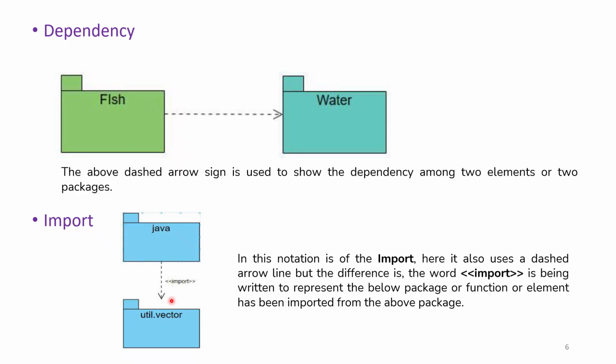On the dashed arrow, we have to write within this symbol whether we are connecting for import or accessibility, and with respect to what. Here we are trying to access the data from Java and gather it into the other package diagram.